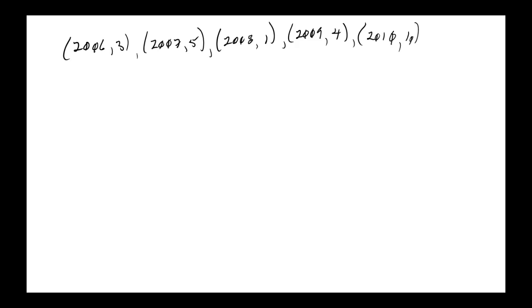Okay. So, first thing we're going to do is a substitution. And what they call this is x1, y1, x2, y2, x3, whatever. And then they say z is equal to x minus 2008.